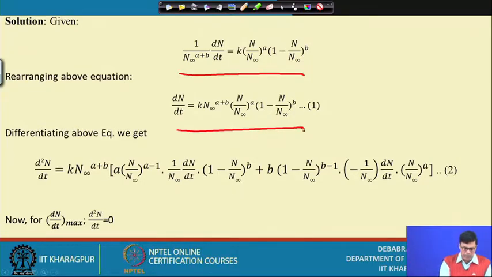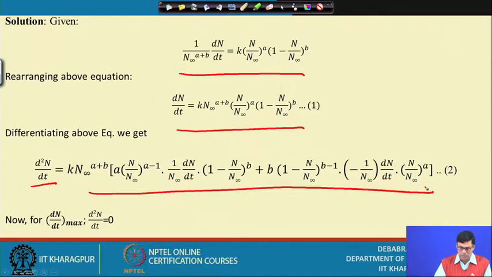Then if we differentiate with respect to time, we get this equation. After getting this equation, we put these conditions: when dN by dt is maximum, d2N by dt2, there is some mistake here, you can correct it, should be equal to 0.